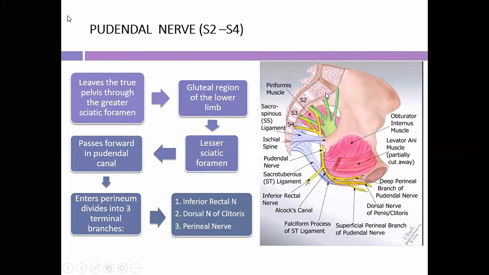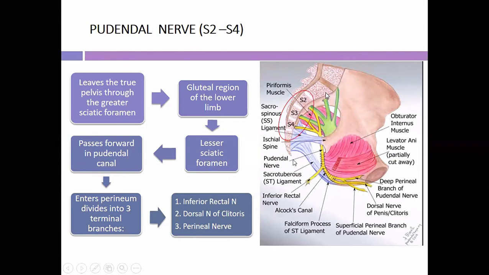Another nerve involved in obstetrics and gynecology is the pudendal nerve, which is derived from S2 to S4. This pudendal nerve will leave the pelvis through the greater sciatic foramen to go to the gluteal portion of the lower limb.